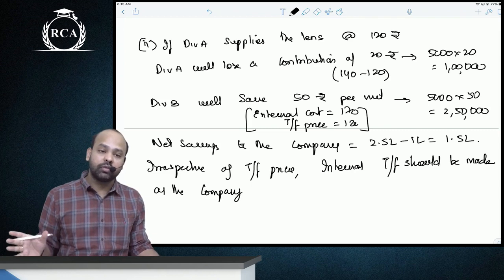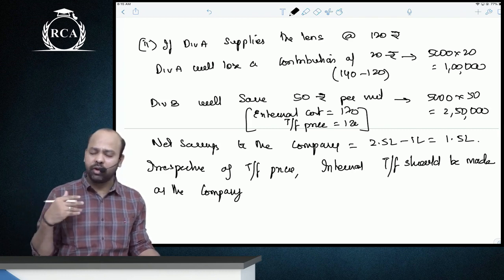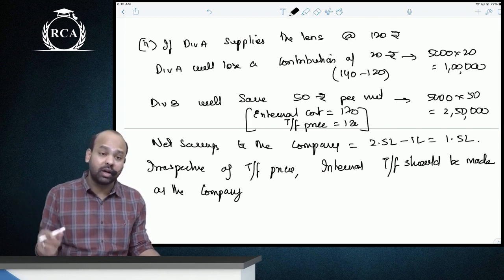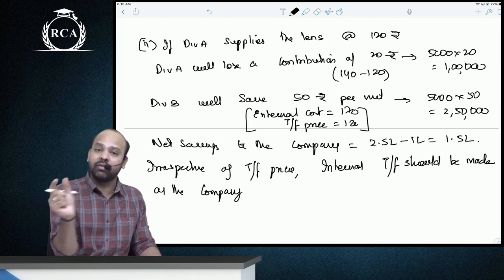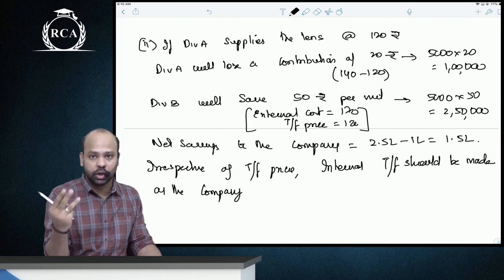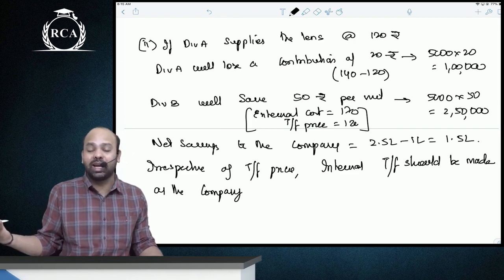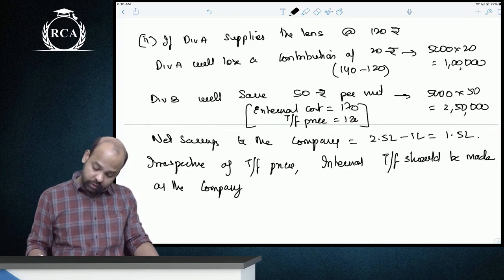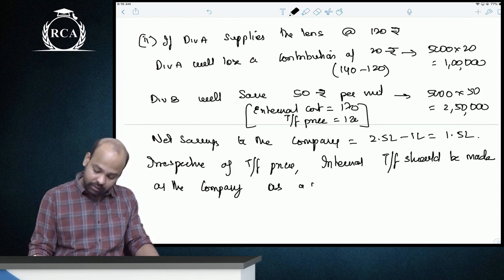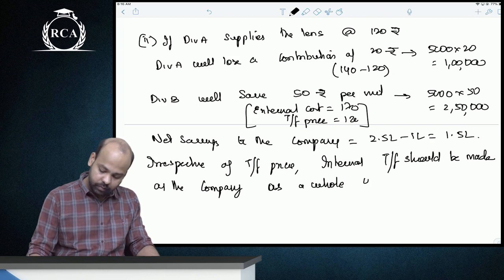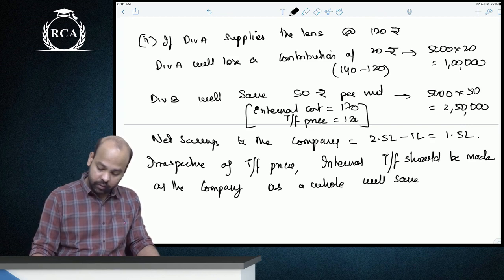If internal transfers do not happen, forget the transfer price, we do not care what it is, the company as a whole will lose this difference of 140 and 170, 30 rupees per unit. On 5,000 lenses, that is 1,50,000 rupees. So internal transfers should be made, as the company as a whole will save 1,50,000. This is the answer to the second bit.